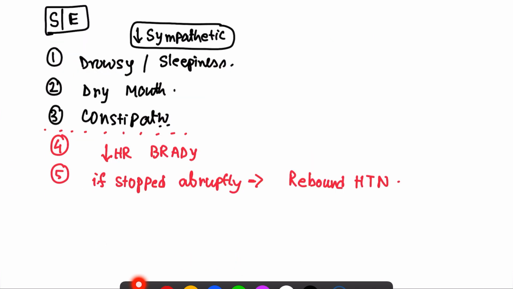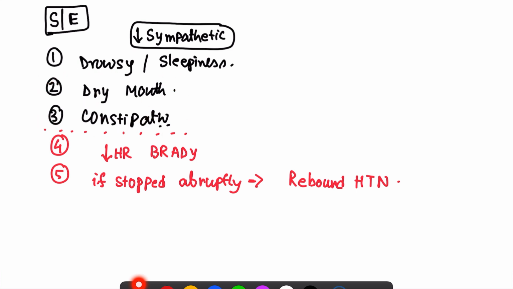So what are the side effects after use? You should know the side effects. As there are two systems, one is the sympathetic system and another is the parasympathetic system. As the sympathetic system is not working, the parasympathetic system will automatically work more. Therefore dry mouth and constipation are due to the sympatholytic activity.